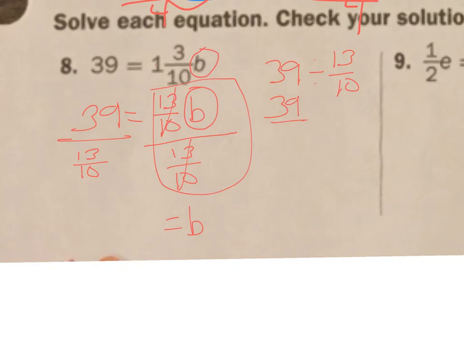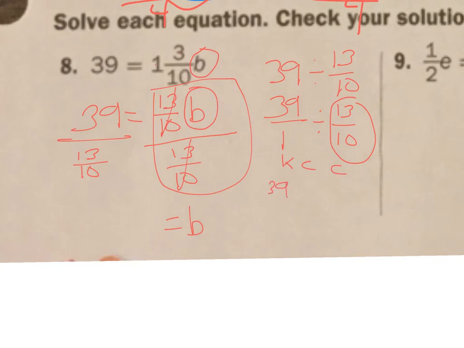So it's 39 over 1 divided by 13 over 10. Now remember, dividing fractions, this is really important. To divide fractions, you have to flip this one. It's kind of that keep, change, change.